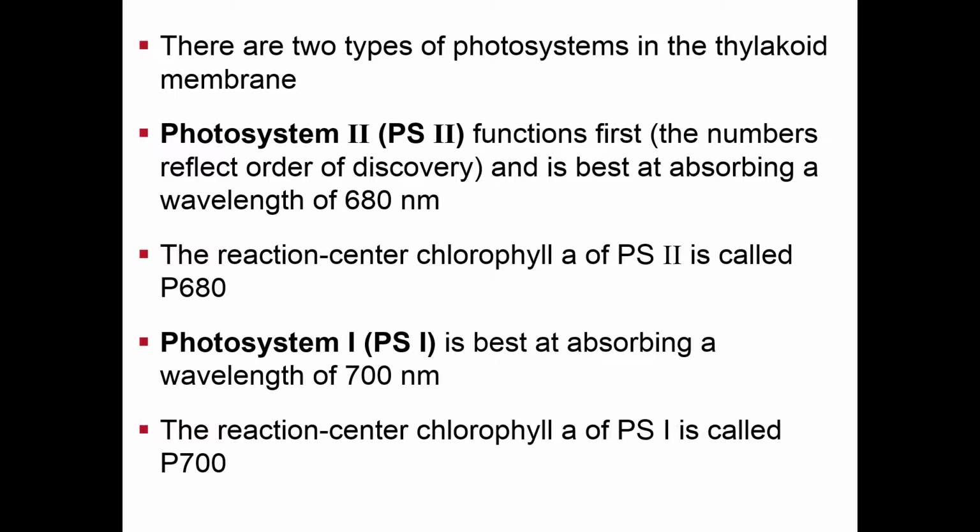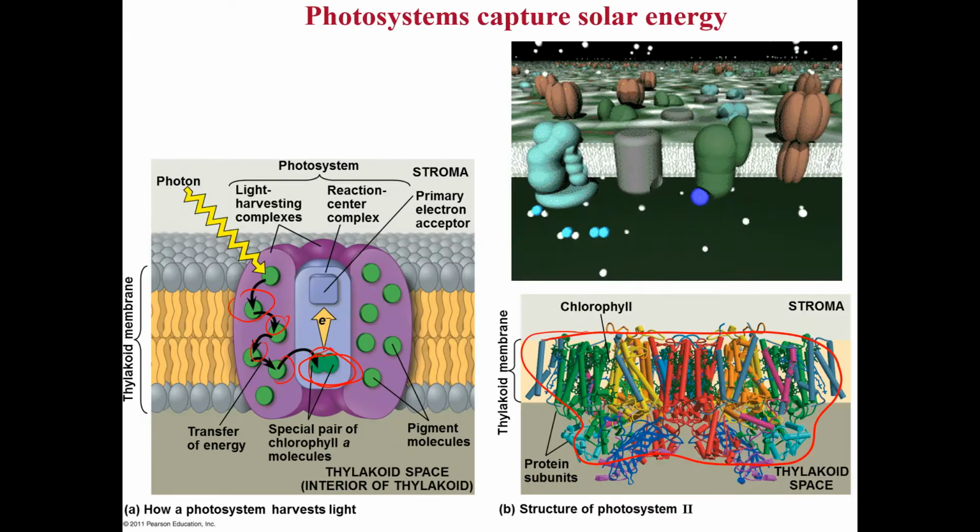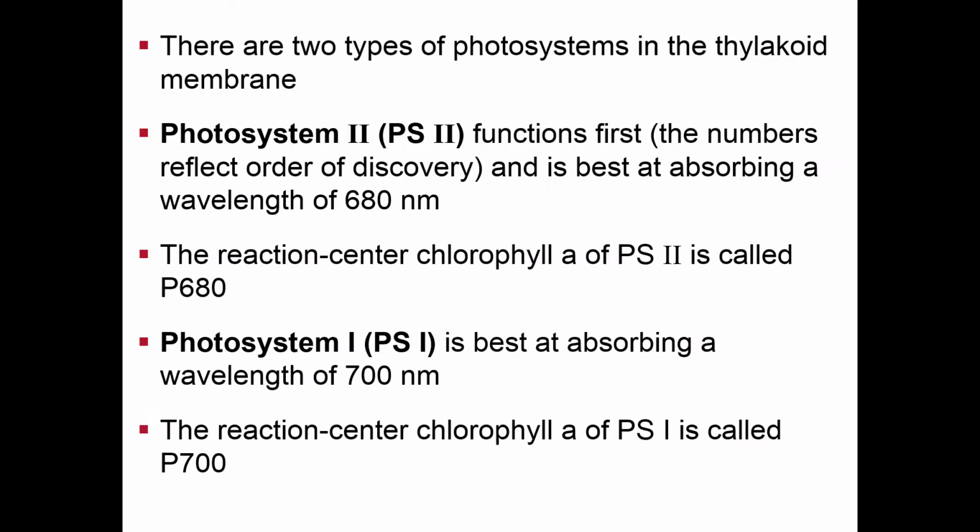Alright, so the reaction center of photosystem 2, that specialized reaction center, is referred to as P680. And then for photosystem 1, its reaction center is P700.